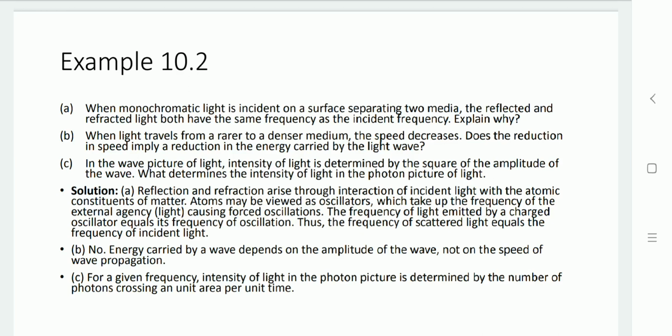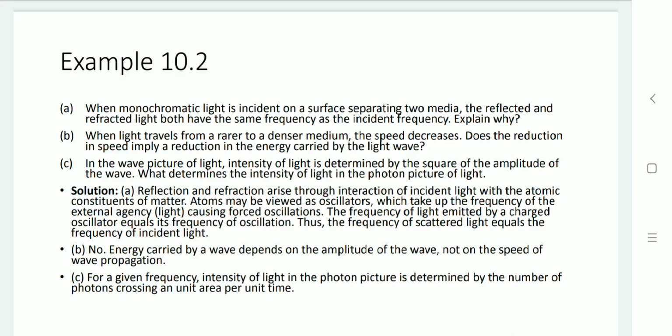As reflection and refraction arise due to the interaction of incident light with the constituents of matter, atoms are oscillated at the frequency of the external force. So the frequency of light emitted by a charged oscillator is equal to the frequency of oscillations. Thus, the frequency of scattered light is equal to the frequency of incident light.